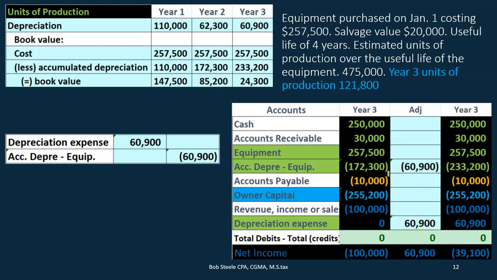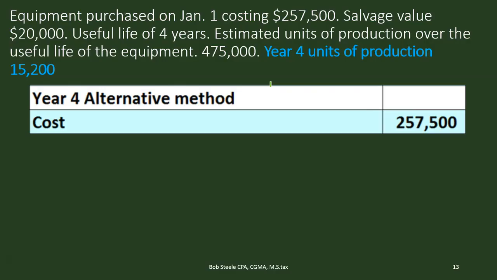We have a contra asset account, an asset which has an unnormal credit balance of 172.3, goes up in the credit direction because we did the same thing to it, to 233,200. What's the book value now? If we look at this, 257.5 less the 233,200, the equipment less the accumulated depreciation, gives us 24,300. Now we're going to do this again.